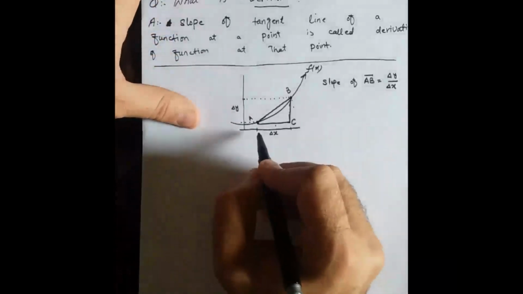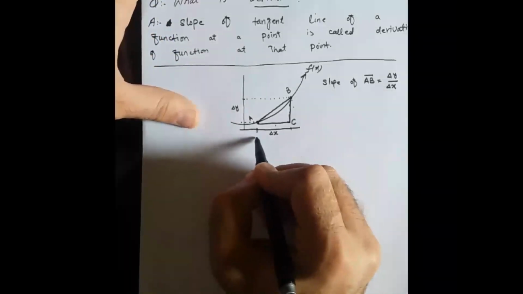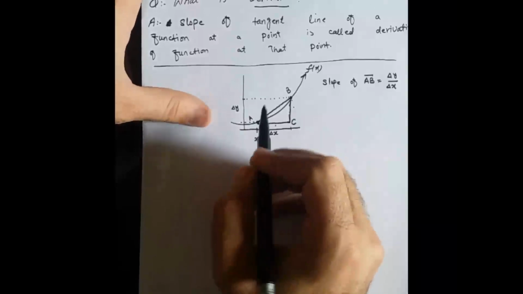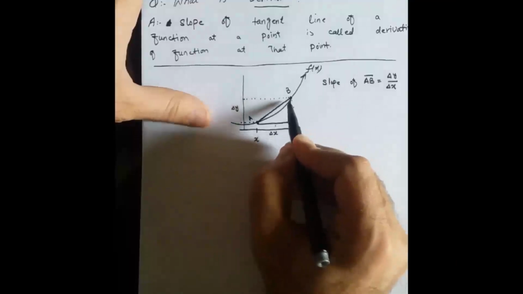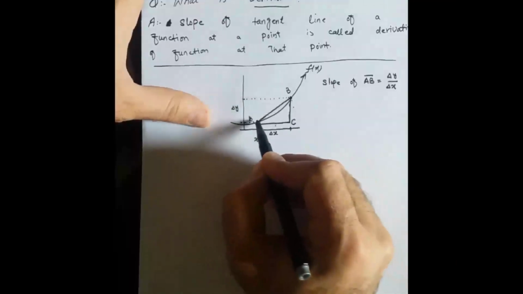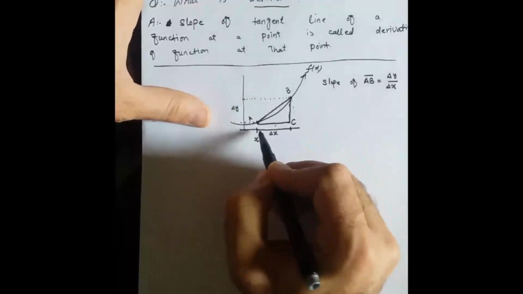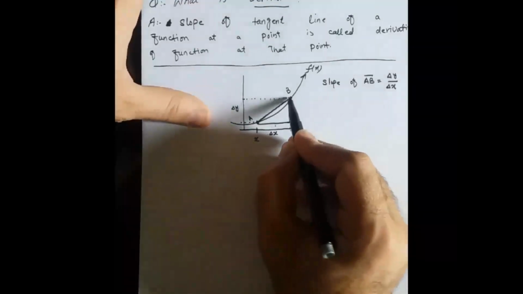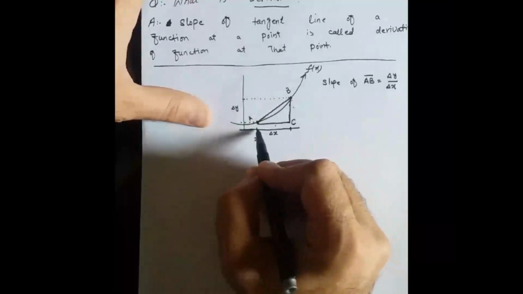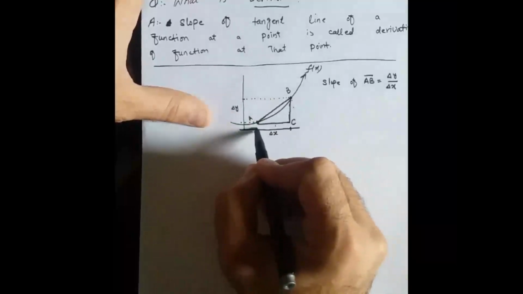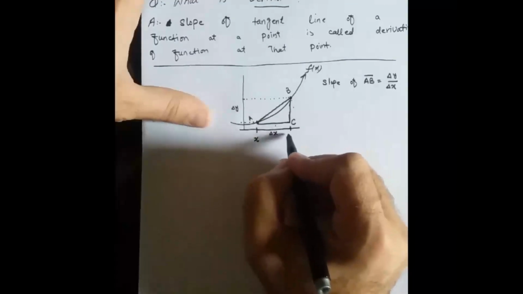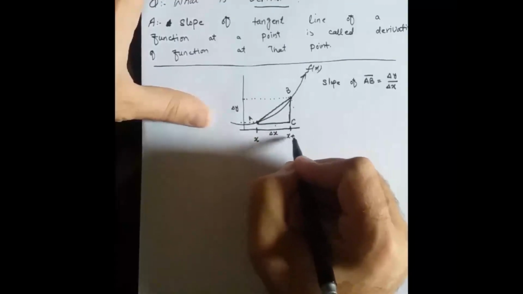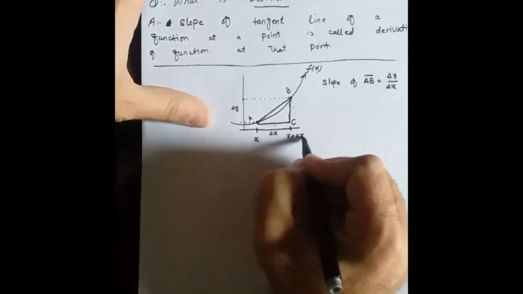Now taking this point as x, then point A on the x-axis is x, and point B on the x-axis will be, since this is x and this distance is delta x, x plus delta x.